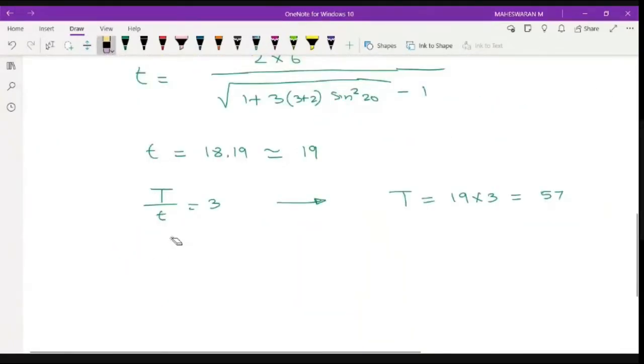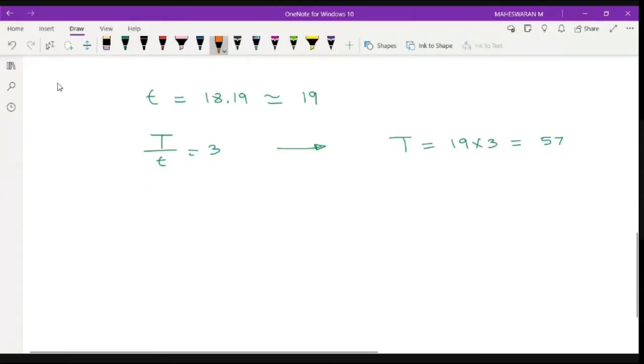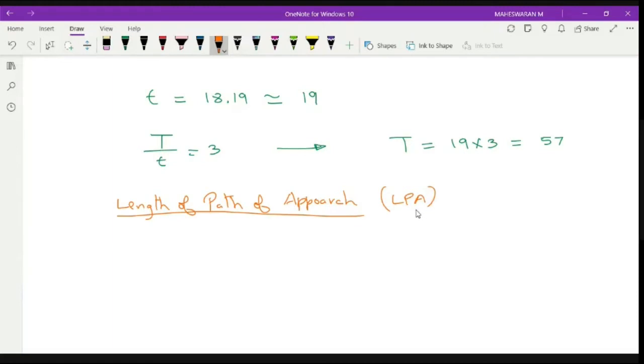So first you have to identify the length of path of contact. To identify this, you need to know the length of path of approach and the length of path of recess. Only based on that can we identify it. So let us identify LPA.